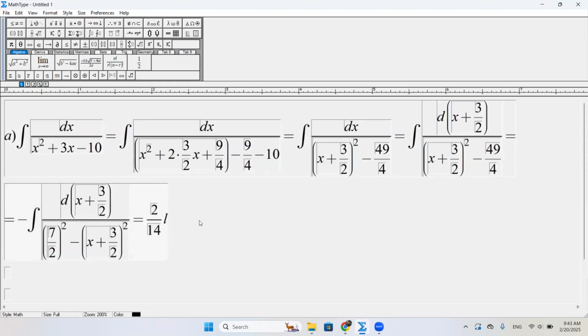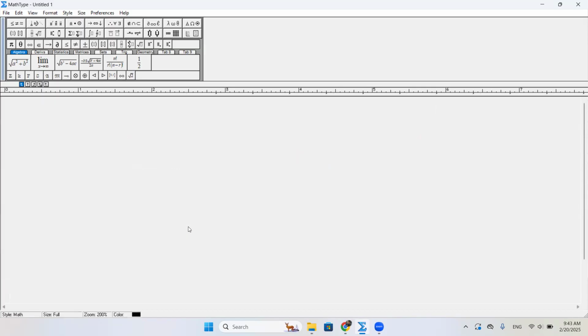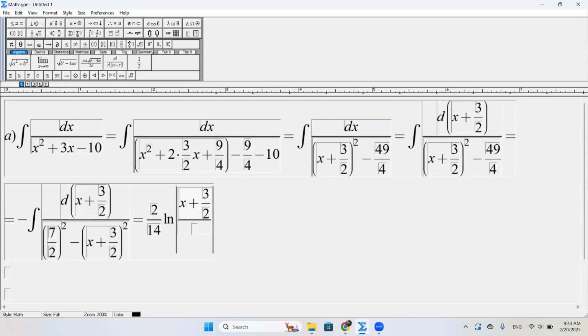And the logarithm is the following: x plus 3 over 2 plus 7 over 2.